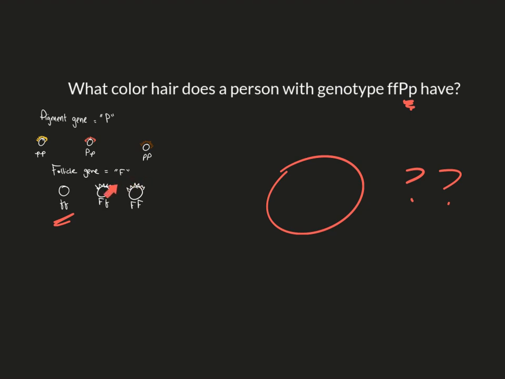That is to say, the follicle gene is epistatic to the pigment gene because it acts in an upstream process to having hair at all. So the follicle gene is epistatic to, and the etymology of that word is kind of 'on top of' and 'stopping.' The follicle gene is masking the allele here. It doesn't matter what genotype this person has at the pigment locus, they're just bald. They don't have any hair at all.